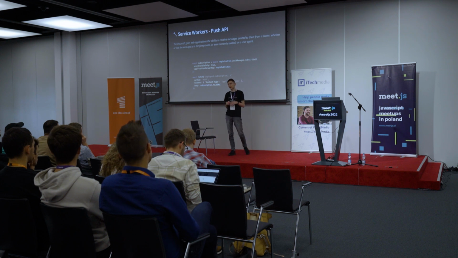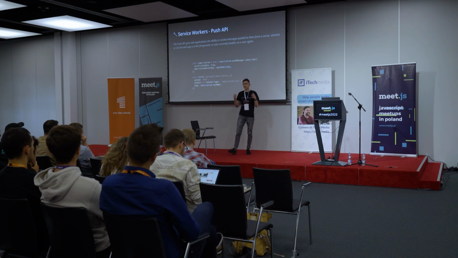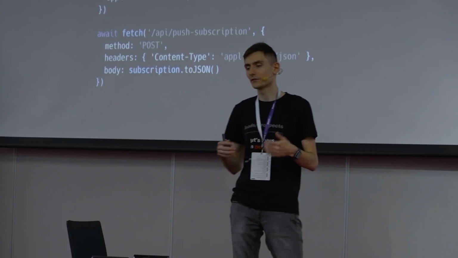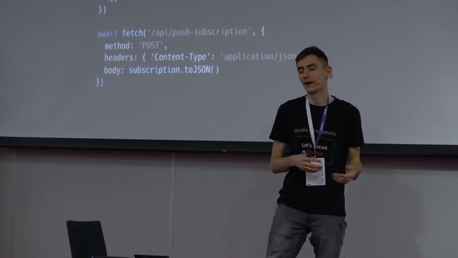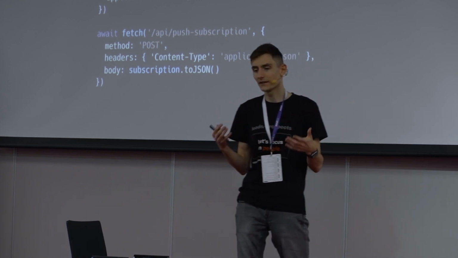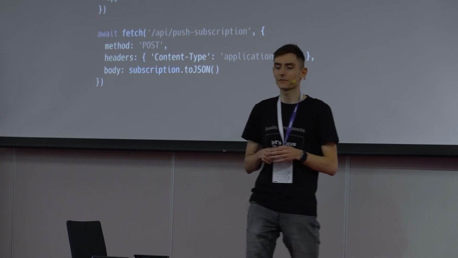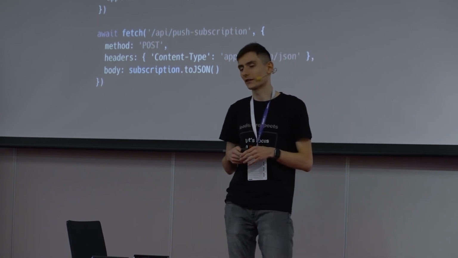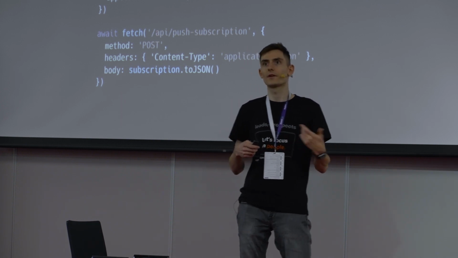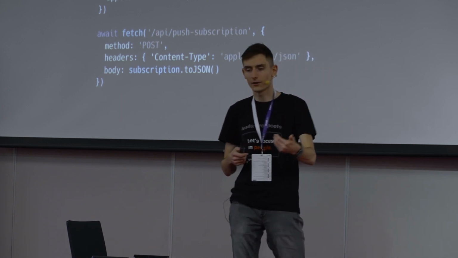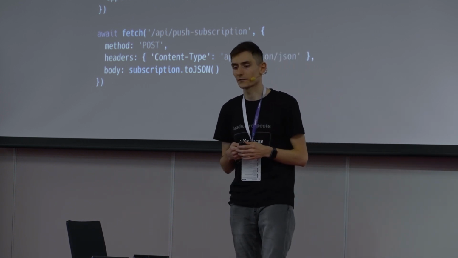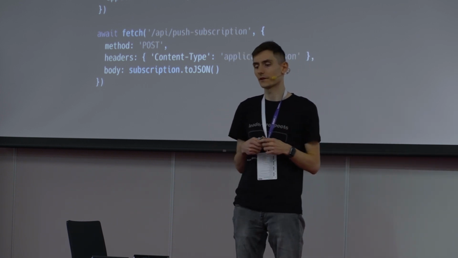So we, as front-end developers, don't actually need to make any requests by hand to this push service. We don't need to know which one it is, where it is stored, what is its domain name. We just call the subscribe method, and the proper push service for the current web browser will be called by the web browser, and we will receive the push subscription as described in the spec.